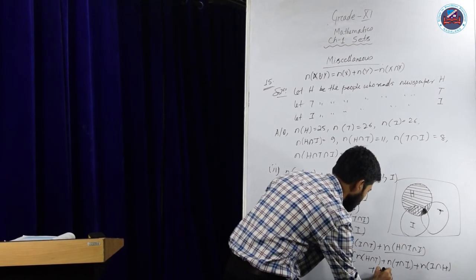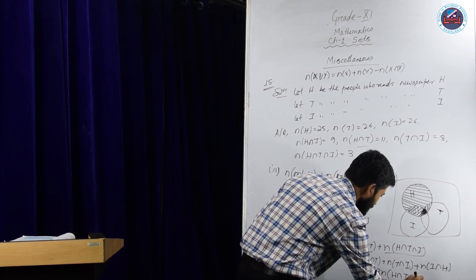So we can write it as thrice n of H intersection T intersection I.